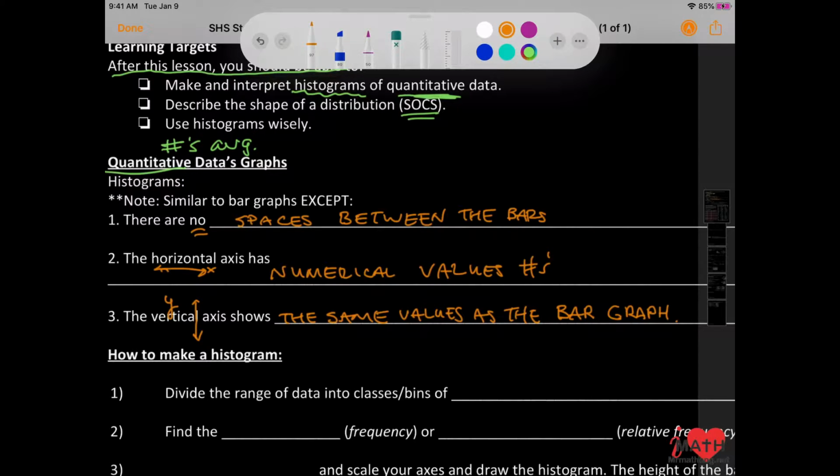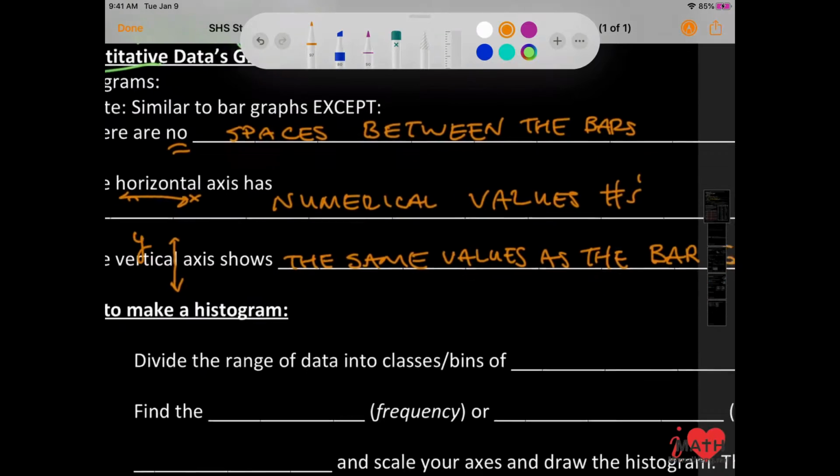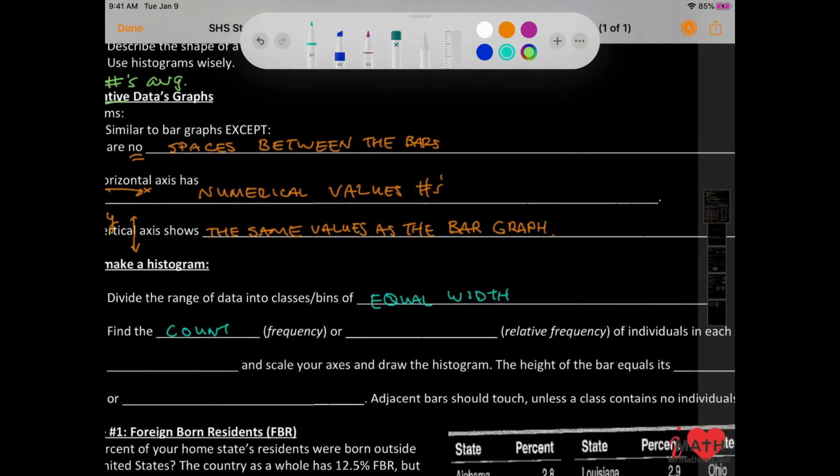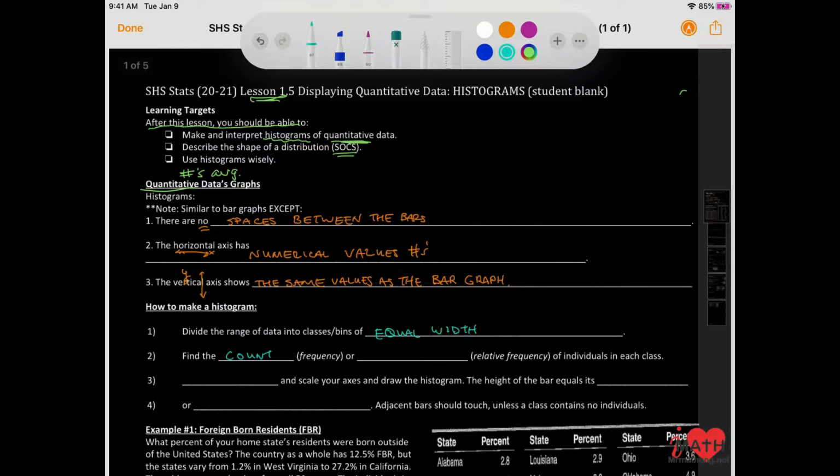Right, so how do we make a histogram? We need to divide the data into something called classes or bins of equal width. We need to find, what's another word for frequency? The count. Or the relative frequency, which is what? The percent.